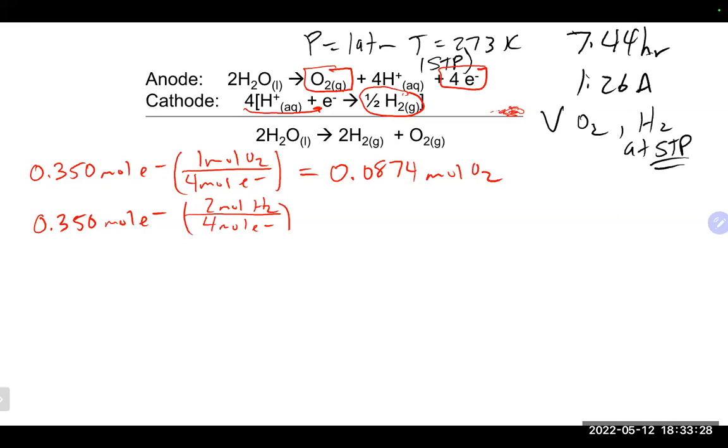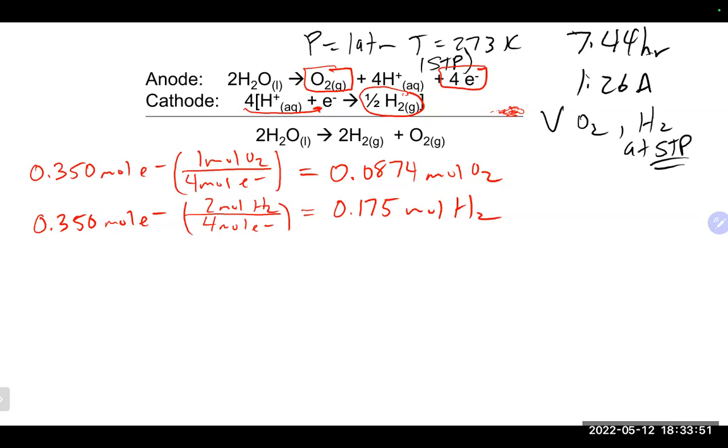Obviously, that's the same thing. And if you do that, it gives us 0.175 moles of hydrogen. Any question on either of those? And again, you can reduce that down to a 1-to-2 relationship if you like as well.